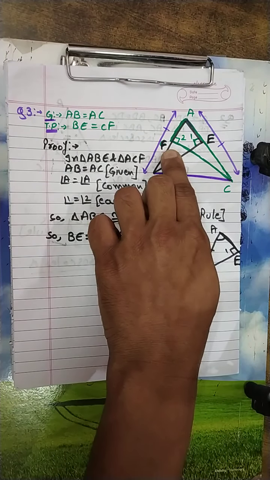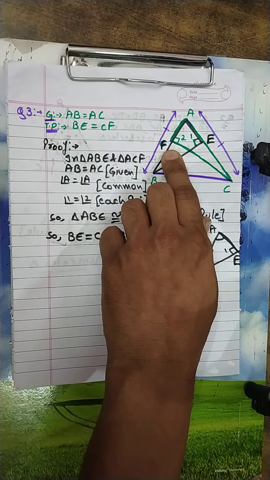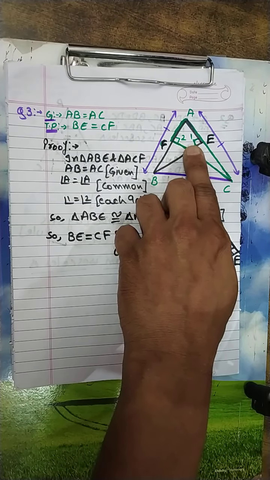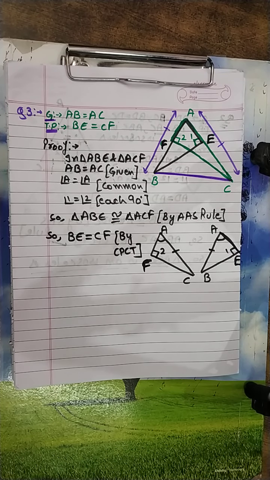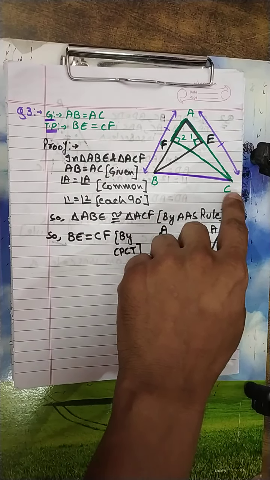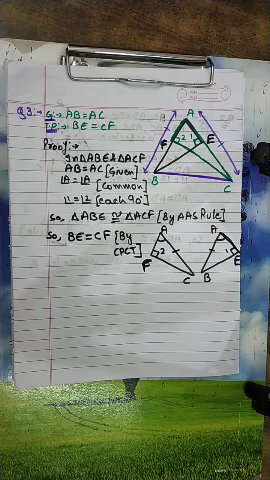BE and CF are altitudes drawn to the equal sides AC and AB. Show that these altitudes are equal. It means we have to prove that BE equals CF.